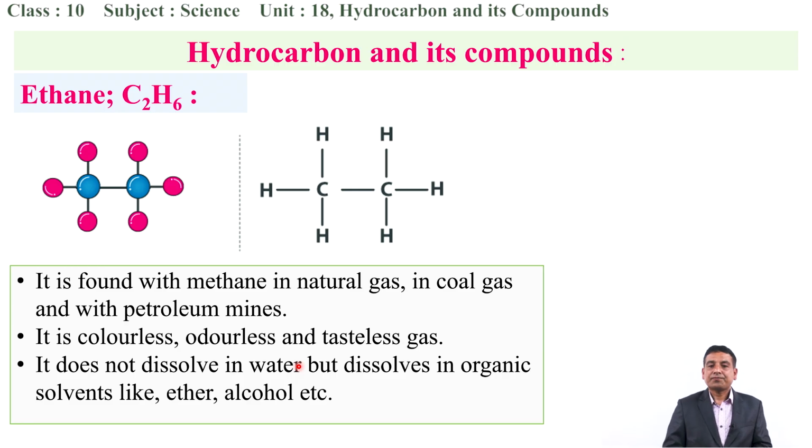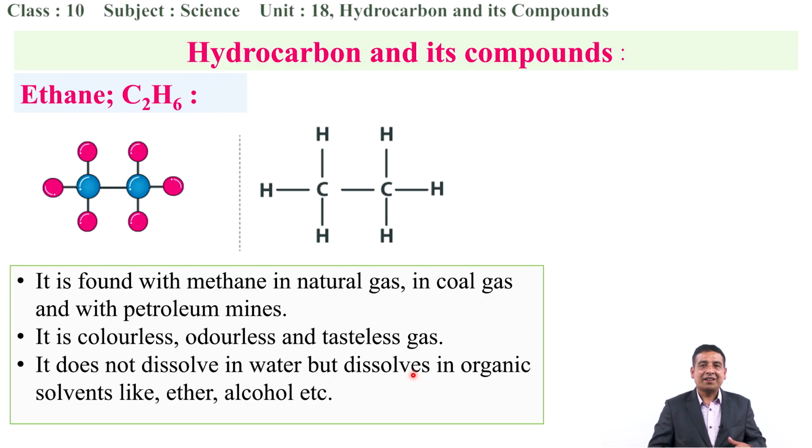Next one, as we have discussed in methane, methane is an organic compound, and organic compounds are dissolved in organic solvents. So ethane is also an organic compound, so it dissolves in organic solvents. What are the organic solvents that we have discussed? Yes, good. The first one is ether. Next one is what? Yeah, you said correct. It's alcohol.